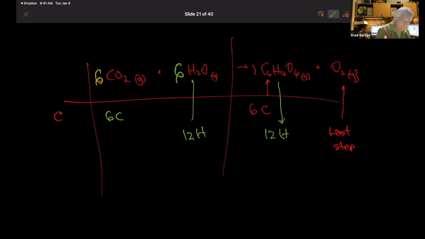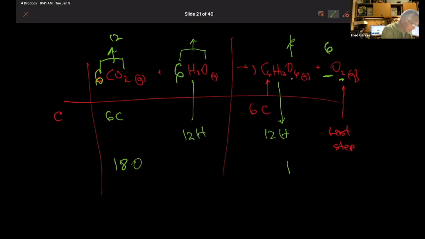Finally, I can balance my oxygen. I've got 6 here, here I've got 6, and here I've got 12. So I've got 18 oxygens, and I need to change this so that I get 18. What plus 6 equals 18? 12. But this is O2, so I need 6 times 2 equals 12, plus 6 equals 18.